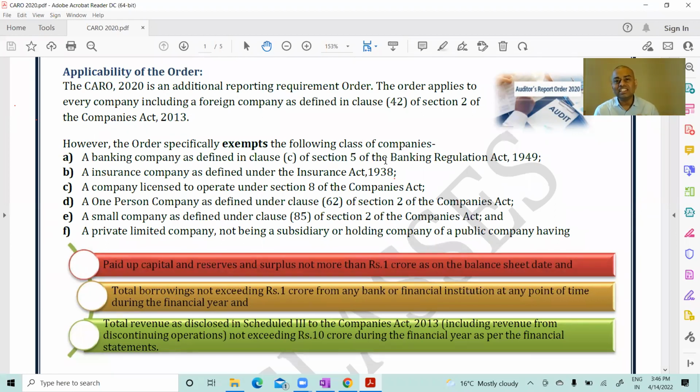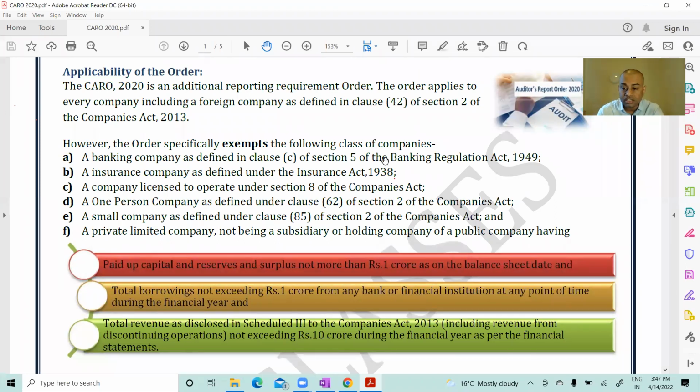So can we say that these are orphaned private limited companies? It is rude and mean to name these private limited companies as orphaned, but as a student, to remember, you can use any visualization. So visualize in your mind that these are private limited companies which are orphaned. Oh my God, they don't have a parent, they don't have a child. Nice to remember.